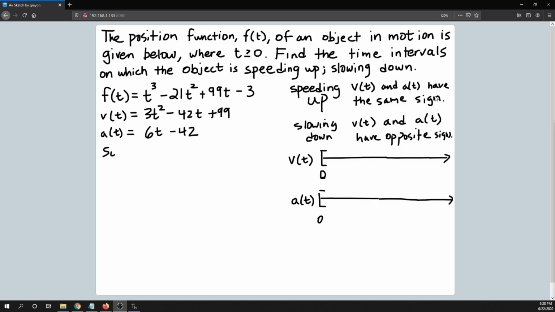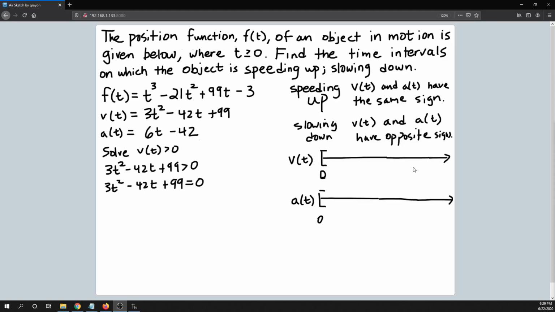Okay, so let's start working on the sign diagram for the velocity function. I want to solve v of t greater than 0. That will tell me where the velocity is positive, but in the process of solving that, I will also get the answers to where it's negative. Since this is a quadratic inequality, I'm going to set it equal to 0 and solve it out first.